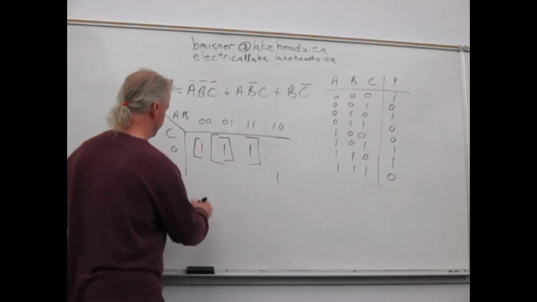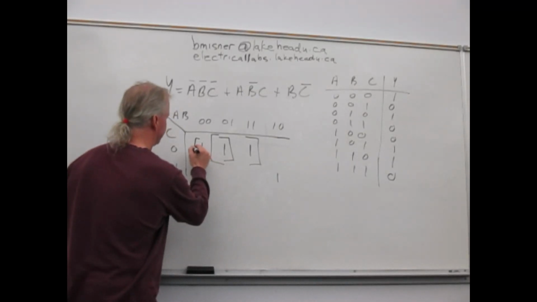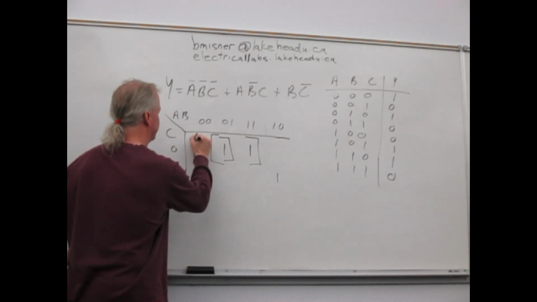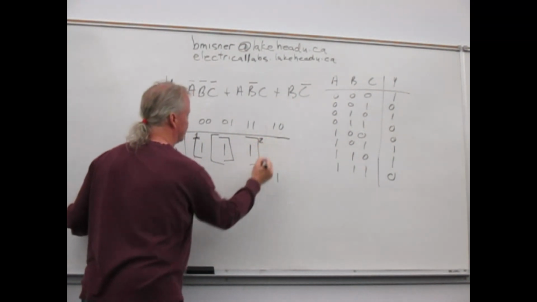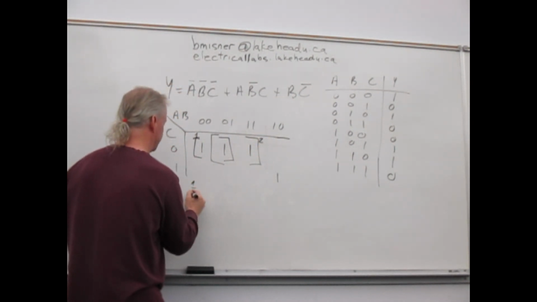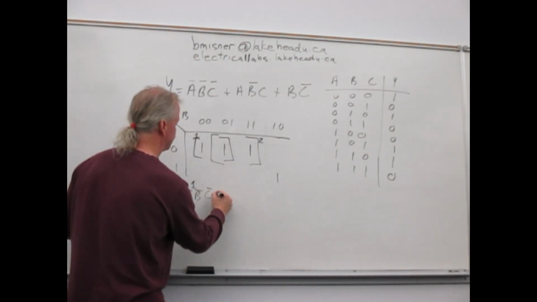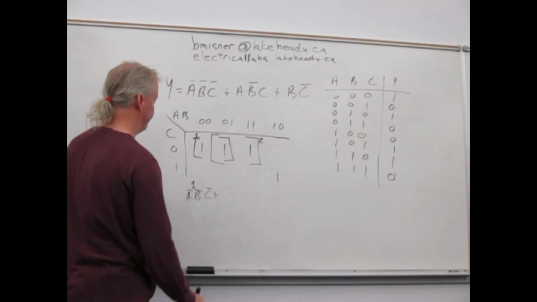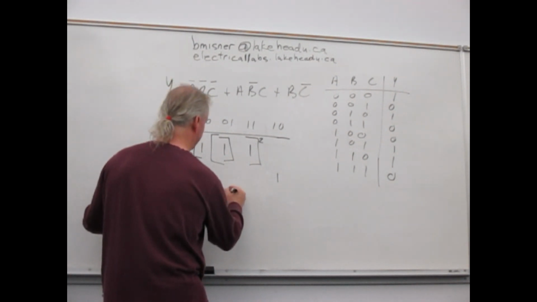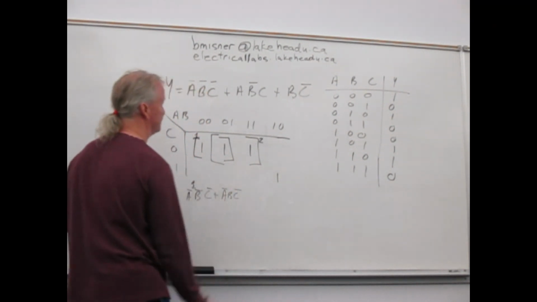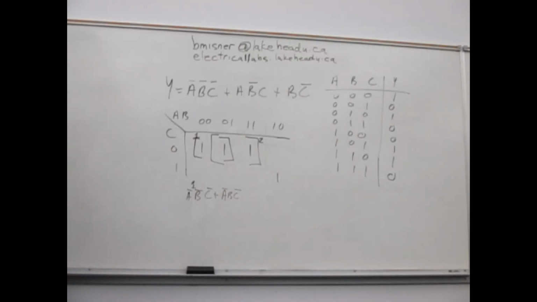So this first grouping is grouping number 1, and this is grouping number 2. So number 1 is A bar, B bar, C bar, or with A bar, B, C bar.